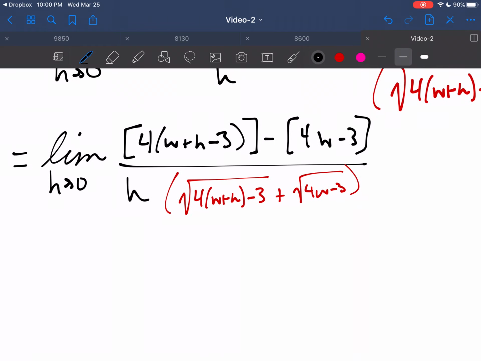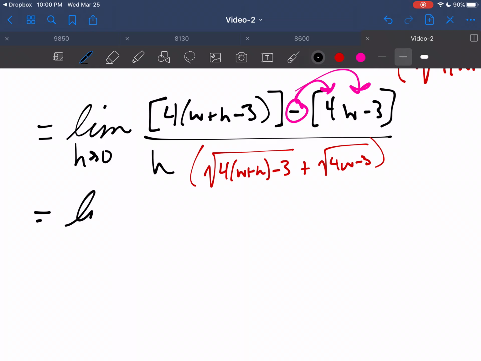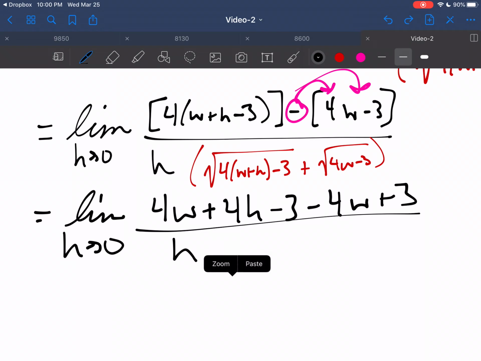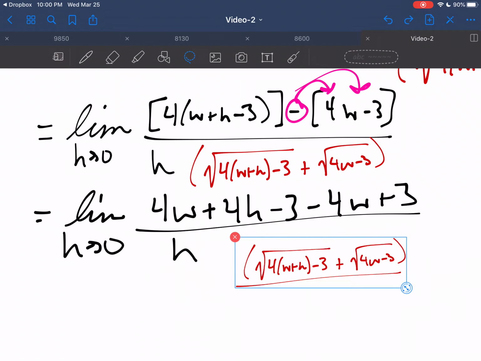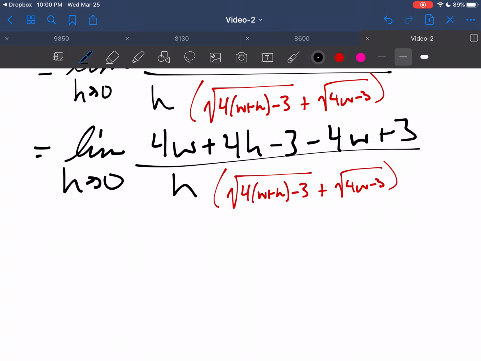Then we make sure we distribute this negative to both terms. We end up with the limit as h approaches 0 of 4w plus 4h minus 3 minus 4w plus 3 divided by h times our conjugate. The conjugate really just kind of tags along.